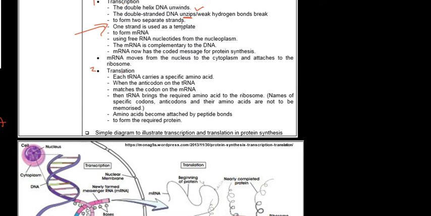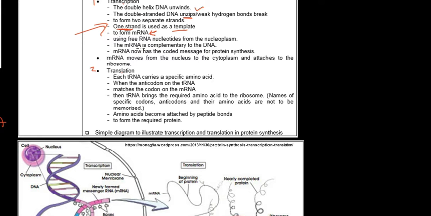And then you'll have two separate strands of DNA that are formed. The one strand, very important here, is only one strand is used as a template, whereas with DNA replication, both strands act as a template. With protein synthesis, only one of the DNA strands acts as a template, and then that template is used to form the complementary mRNA strand.